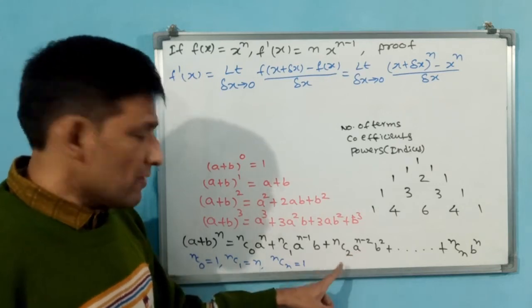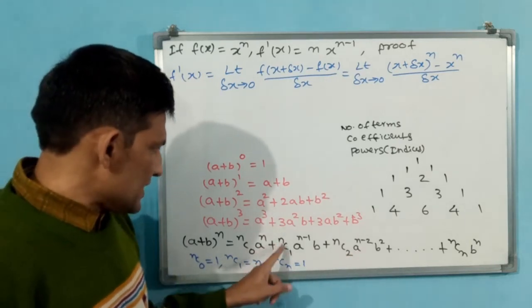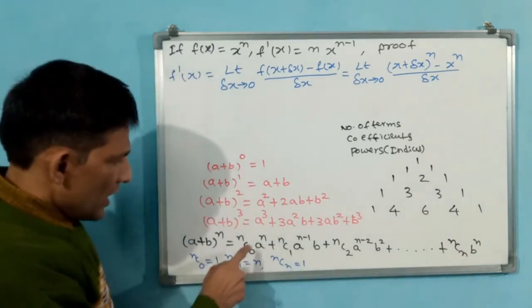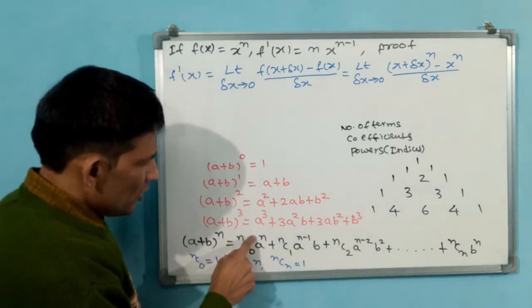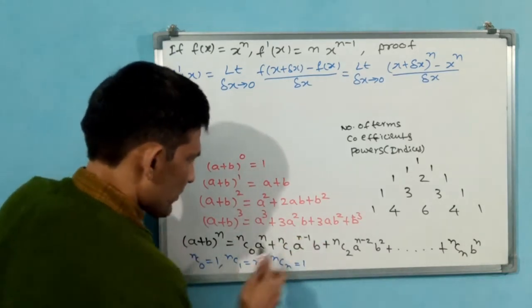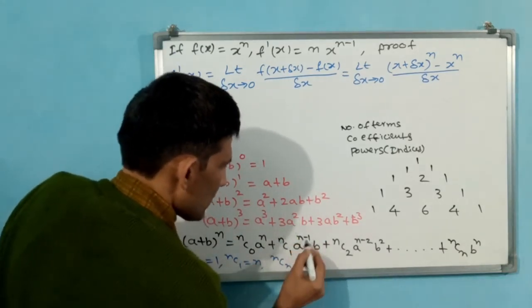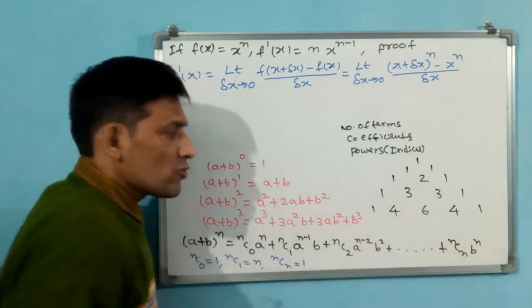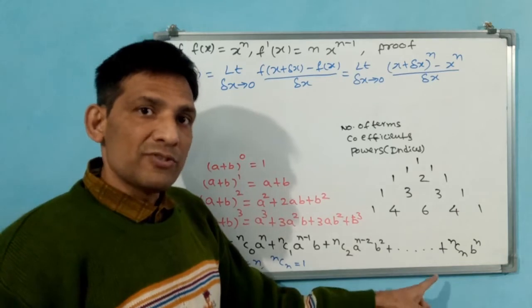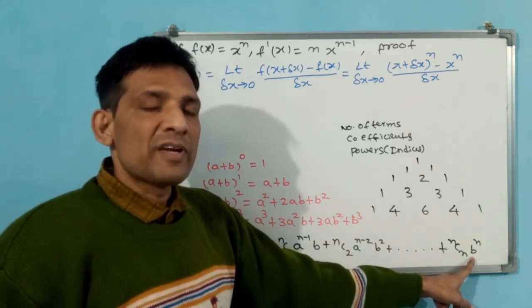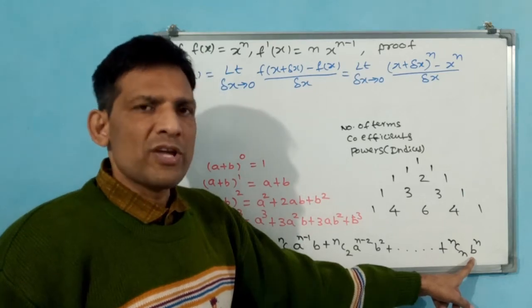But you observe carefully. NC0, NC1, NC2 up to NCn will come. And A to the power of n, then A to the power of n minus 1, n minus 2, n minus 3, like that. A to the power of n minus n means A power 0, which is 1.